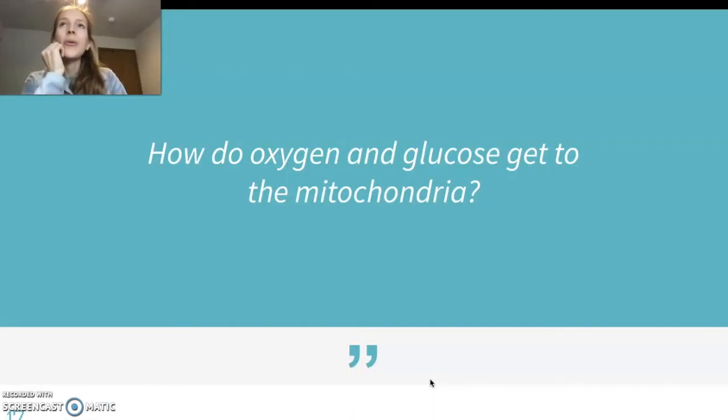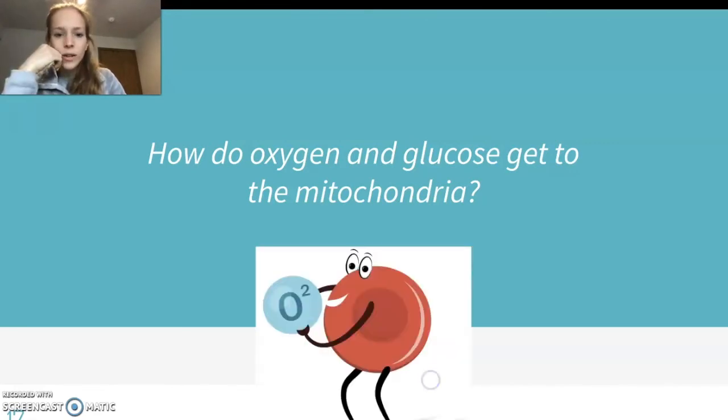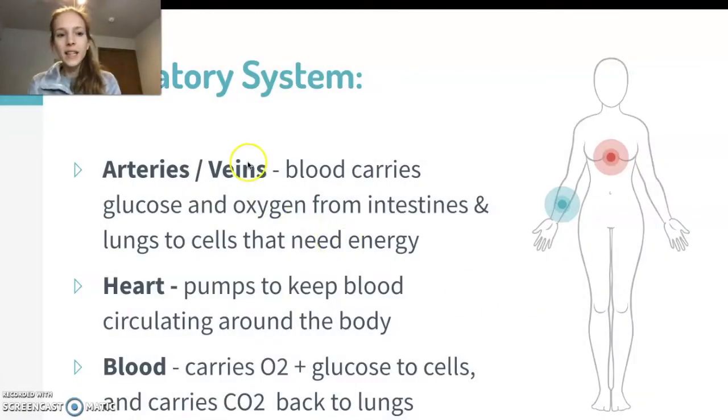So we know that glucose and oxygen need to get to the mitochondria, but how? Well, it turns out, I know this is a cheesy picture, but red blood cells love oxygen. And I'm not just being silly here. There's chemical reasons that oxygen really wants to bond to red blood cells. And so basically what we've got here is our circulatory system.